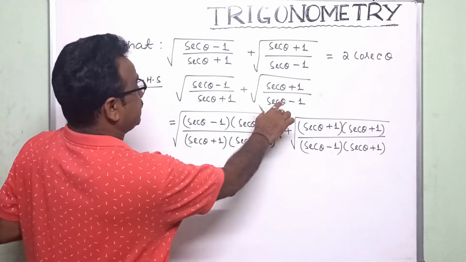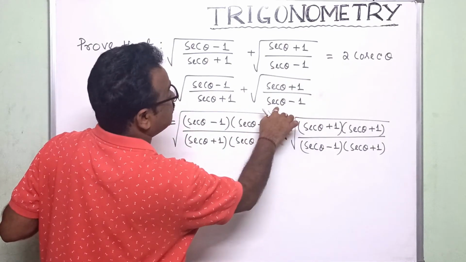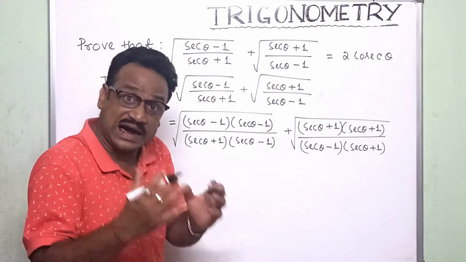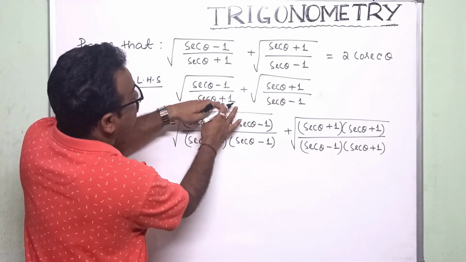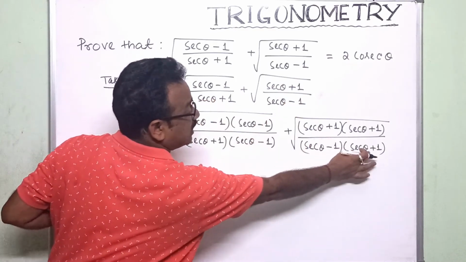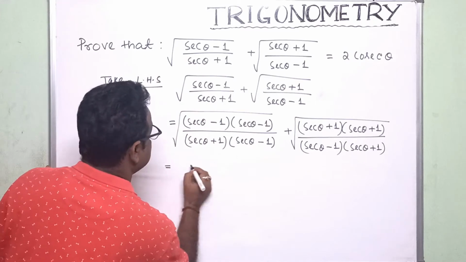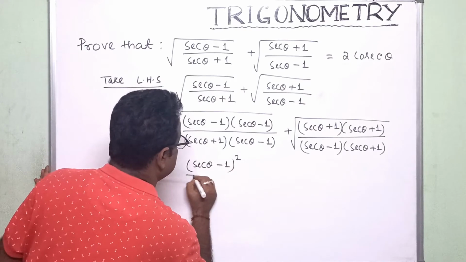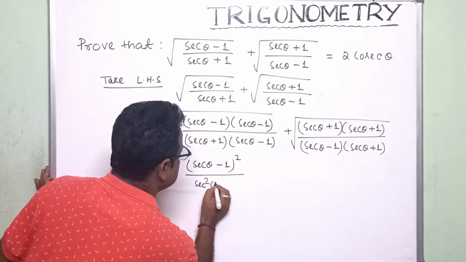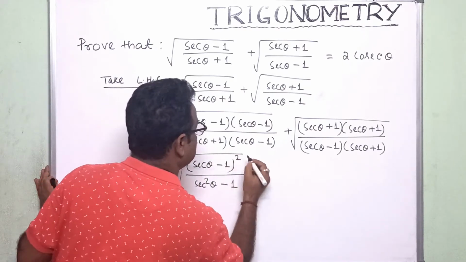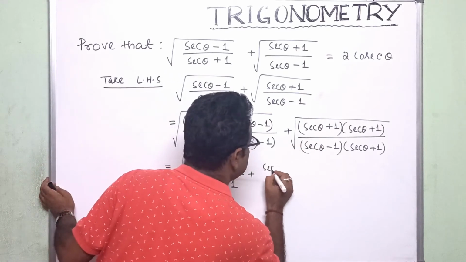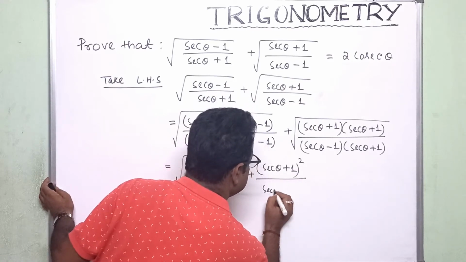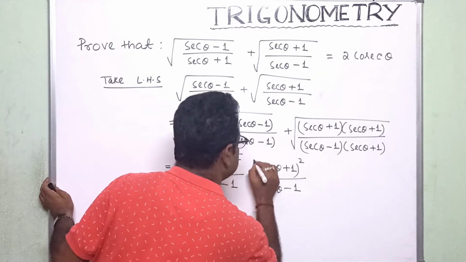Why? If you multiply here plus 1, then I'll get sec square theta minus 1, so I will convert it into identity. Here also plus is there, so multiplied minus. Here minus is there, multiplied plus. So we can get sec theta minus 1 whole square by sec square theta minus 1 root over, plus sec theta plus 1 whole square by sec square theta minus 1 root over.